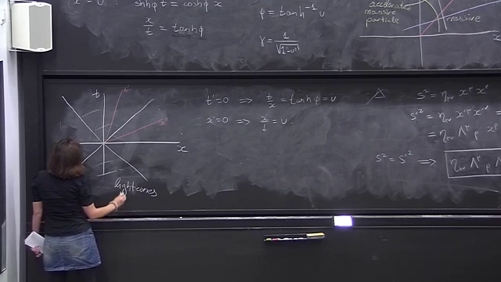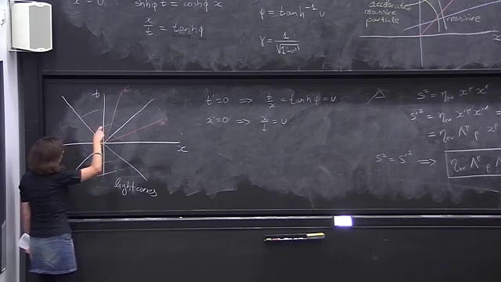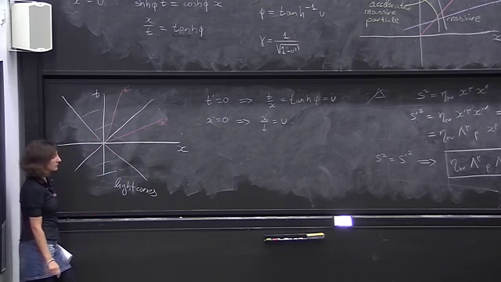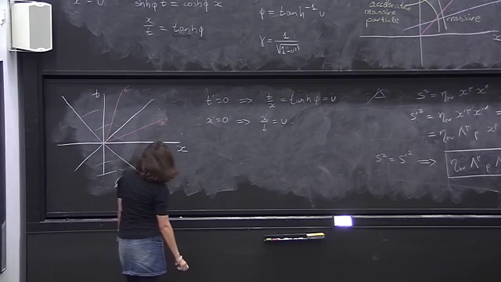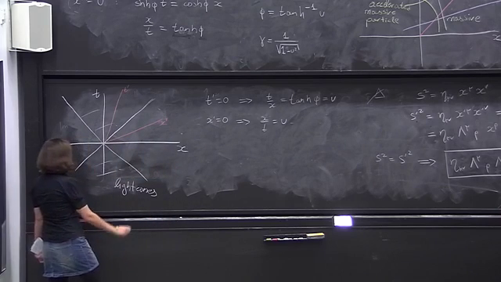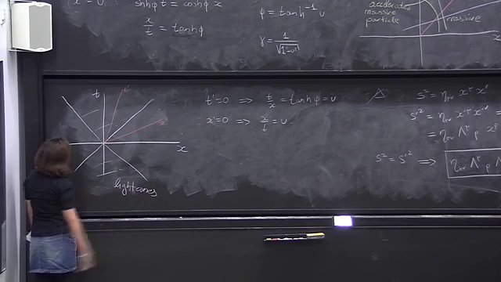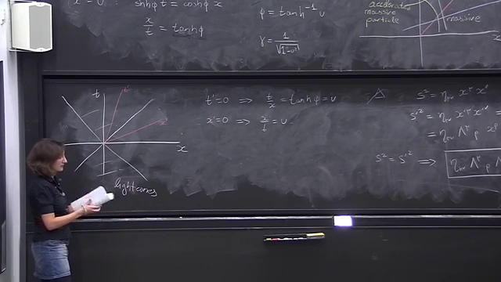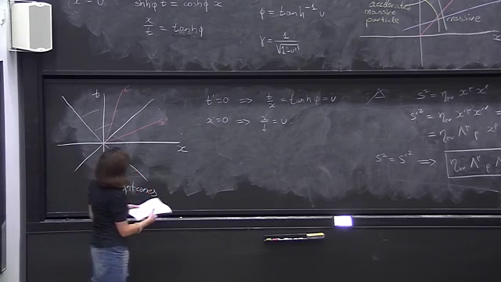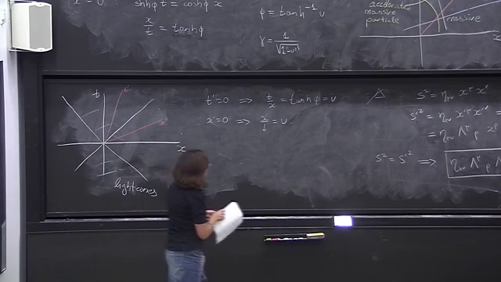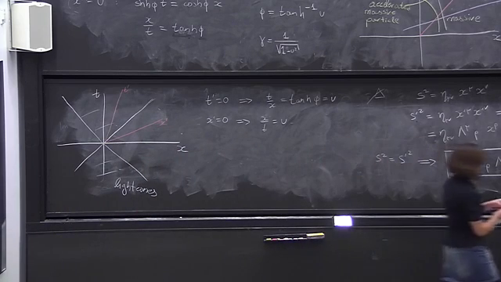And any separation of events that falls inside the light cone is known as time-like, and anything that happens outside the light cones is known as space-like, but I will define this better in a moment.